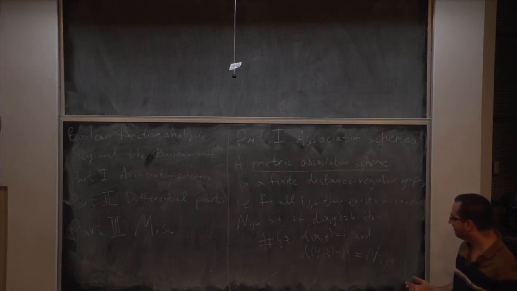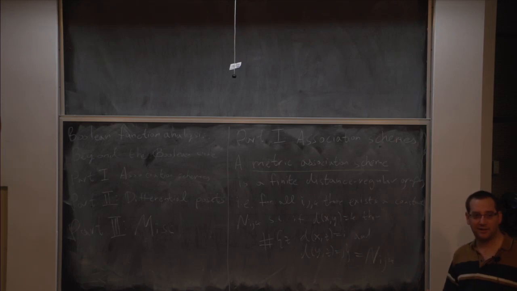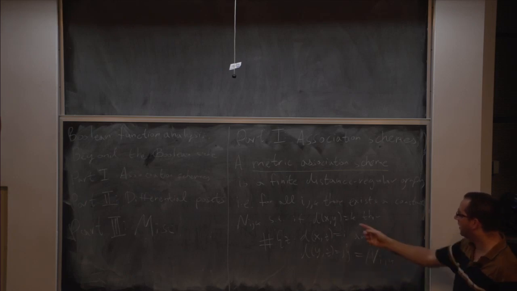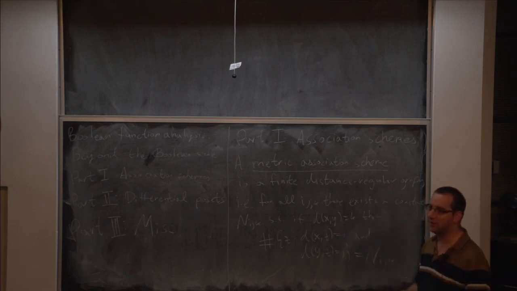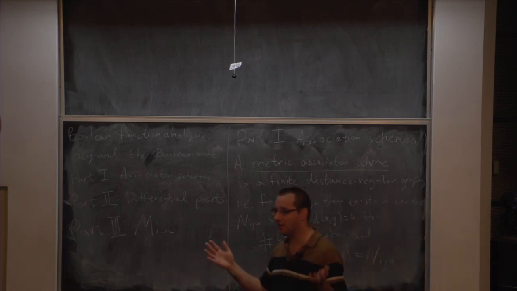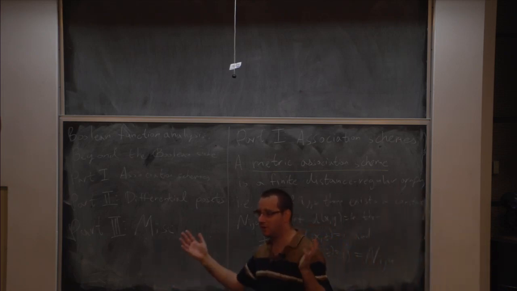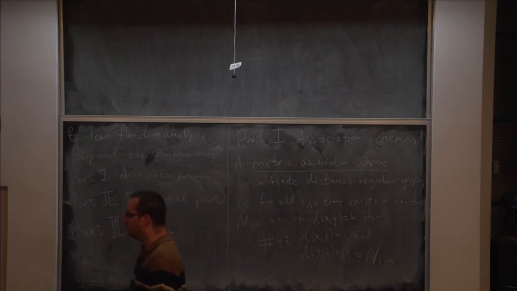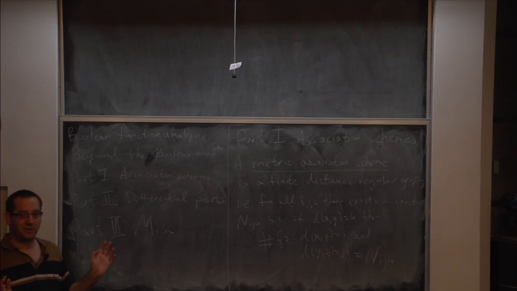Because of what was just said, it's maybe not so difficult to see that the Boolean cube is a distance regular graph, due to this symmetry. And if you really want, you can work out this number n_ijk. It's written in my notes, but I think it's pointless to actually write it. It has something to do with the binomial coefficients. Okay, so this is a metric association scheme.